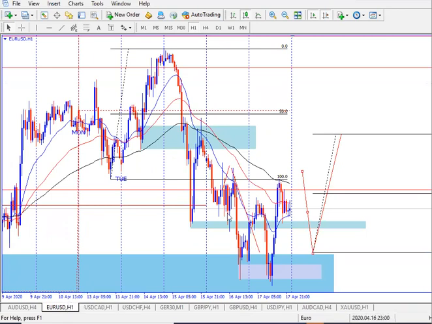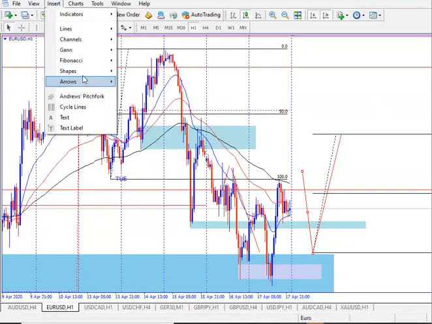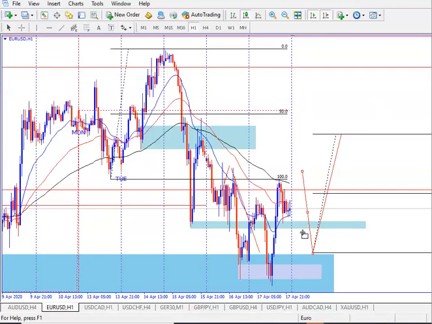Euro USD, it's hit the order block here, took out this low. What I want to see Monday or Tuesday, come down from here. First, it'll take out these stops here to come down into this area.